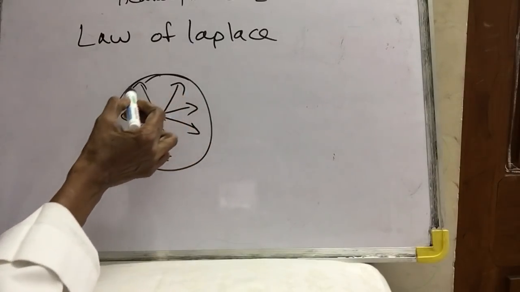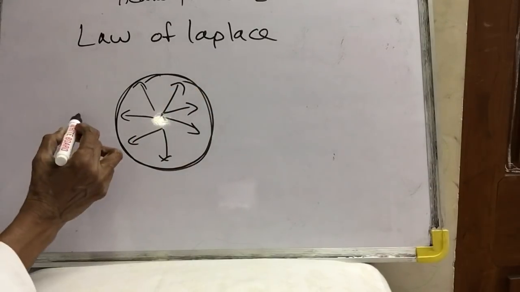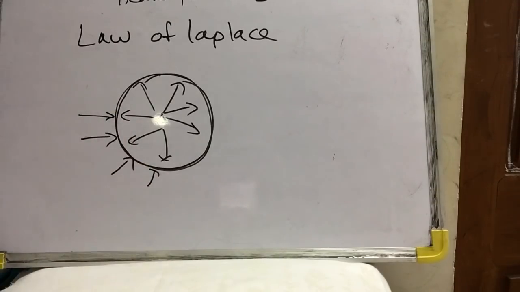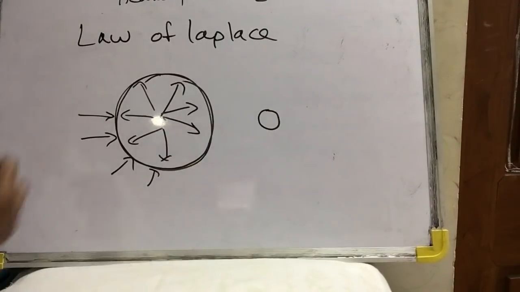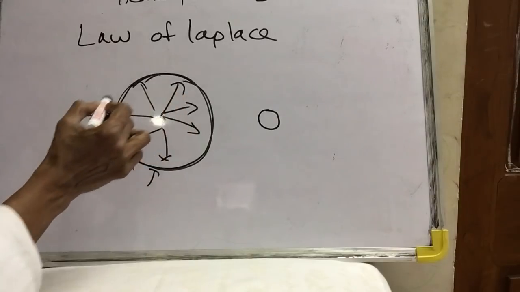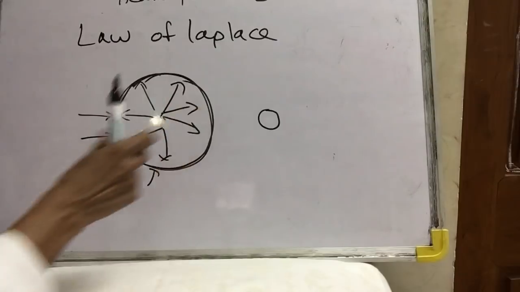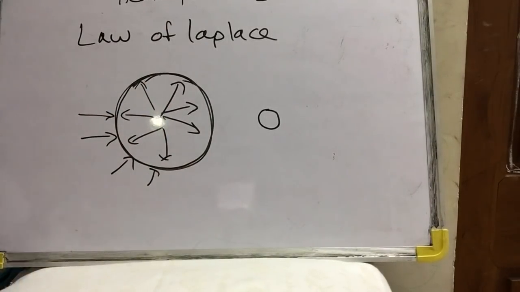If the radius of the vessel wall is more, then the tension surrounding the vessel will also be more. For example, if you take the aorta or any large arteries, the radius of the vessel will be more, and when the radius is more, the tension exerted over the vessel wall will also be more.